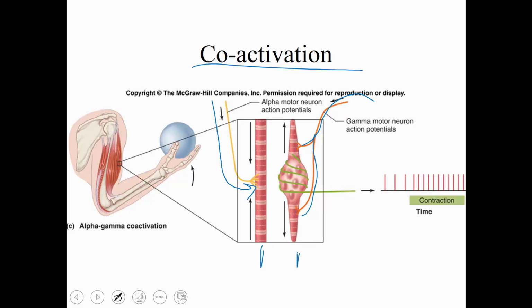So that when these muscles contract, we stretch this little spindle. That sends a high level of action potentials. And then that can kind of drive the activity from the alpha motor neurons. So as you continue to contract and as you lift the ball, instead of unloading the spindle, you have a constant report coming from the spindle.